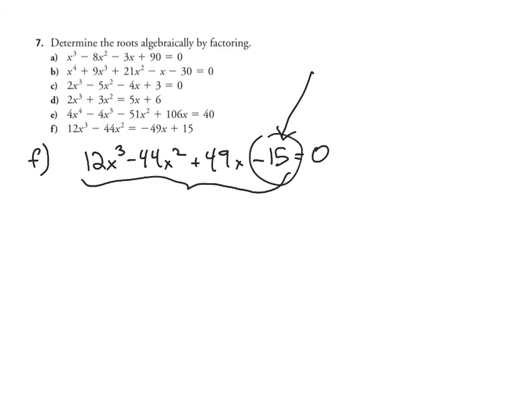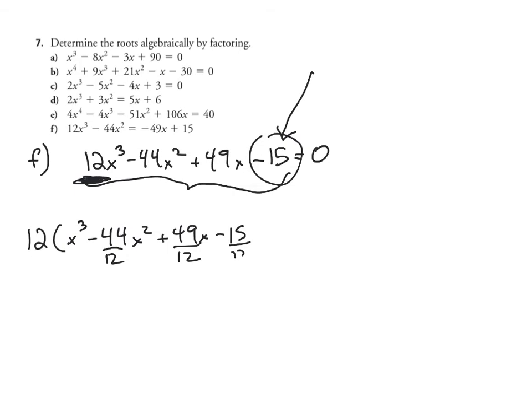But usually that's when this first number is 1, right? I usually take out that first number, x cubed minus 44x squared plus 49x minus, oh shoot, this is going to be over 12, minus 15 over 12 equals 0. So really that last number that I'm looking at is negative 15 over 12.